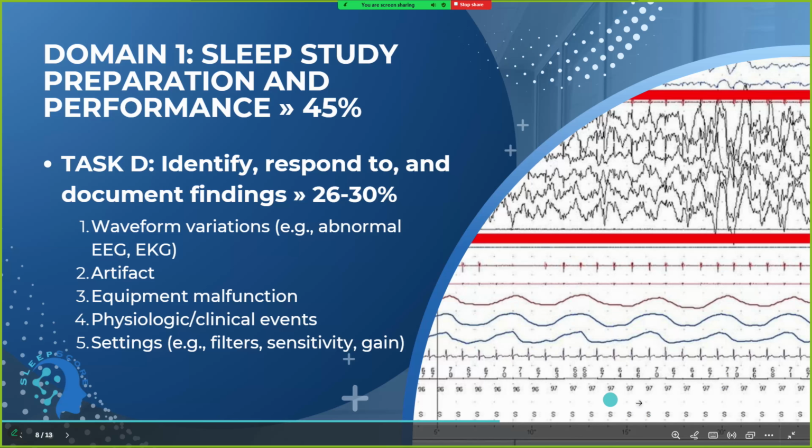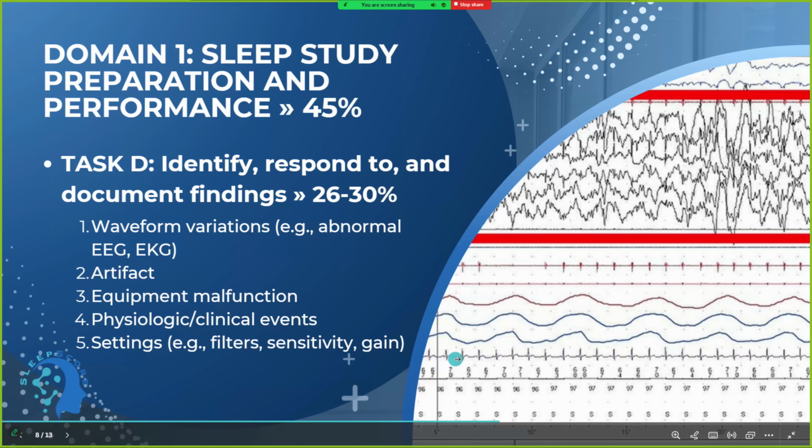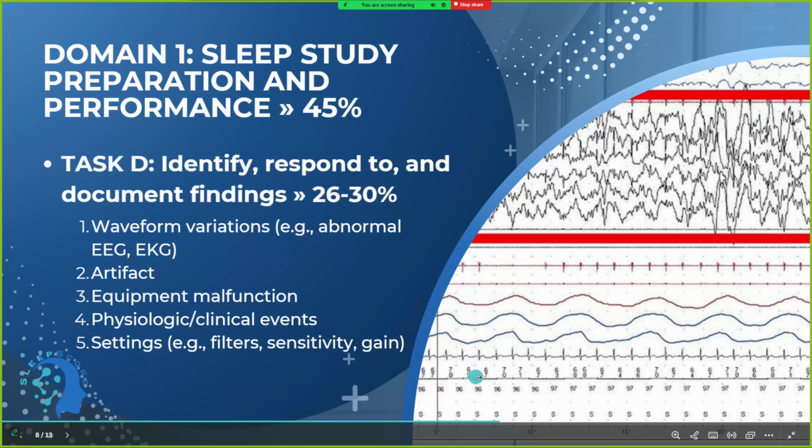This is called EEG, and this is called EMG. This is respiratory. When the patient is breathing, you see these zigzags going on. This is how the patient breathes, and this looks like normal breathing. Now this one is EKG. EKG is the heart rhythm, and this one is oxygen.